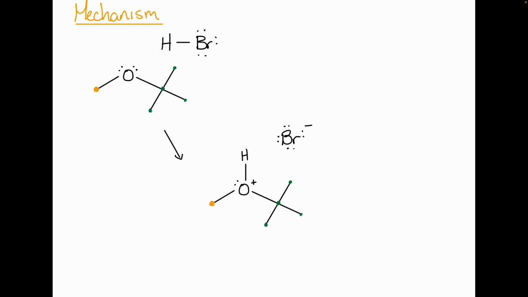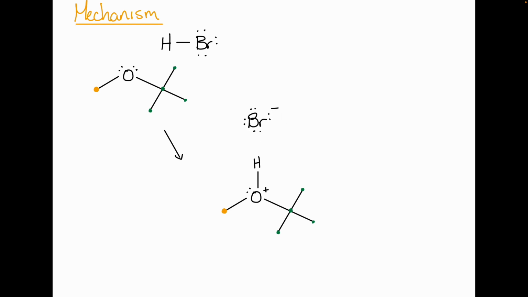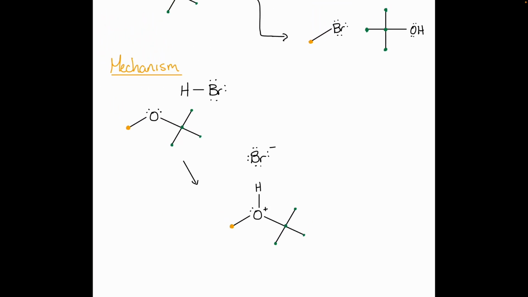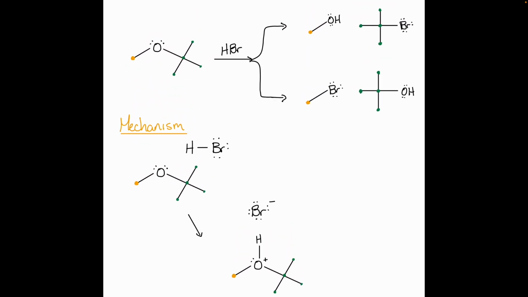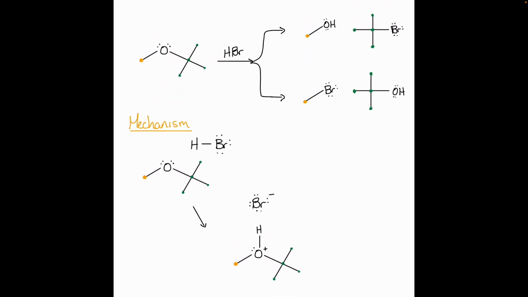All right, so here's my organic intermediate, my protonated ether, and I have this bromide ion floating around that's going to be my nucleophile in this next step. All right, and so first of all, what we want to notice is which pathway we get here is dependent on which carbon that bromide attacks, right?